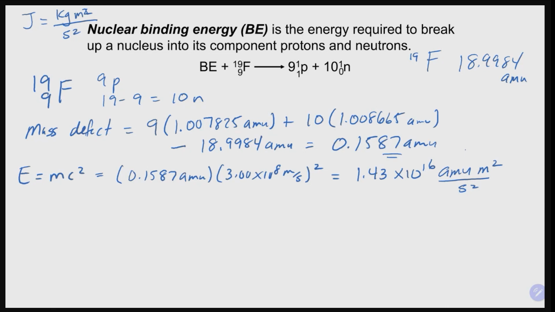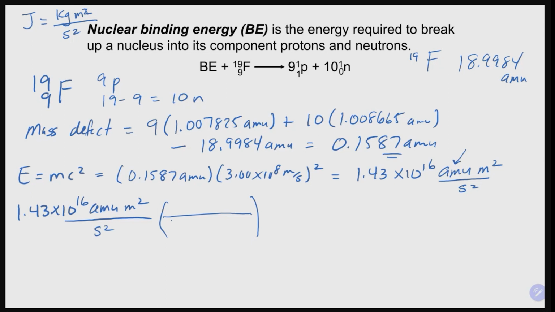We are almost there, except that we are at AMU and not kilograms. So you could take this and do a conversion to convert us into kilograms. And we can use our good friend, Mr. Avogadro, perhaps.